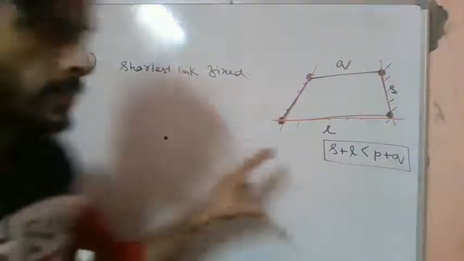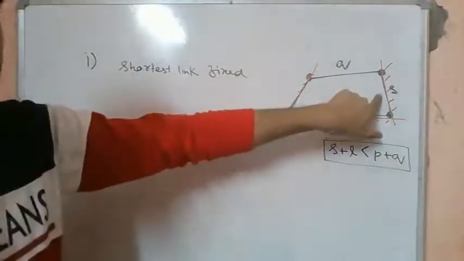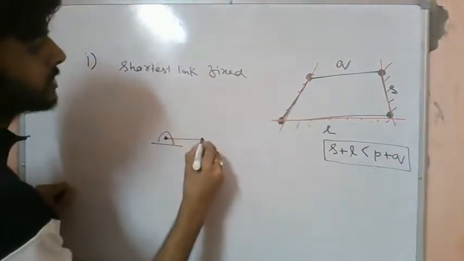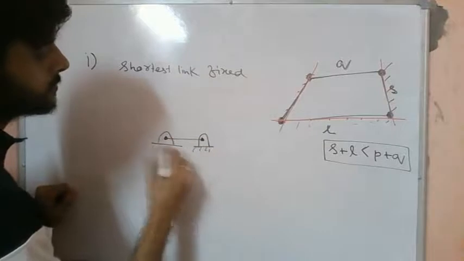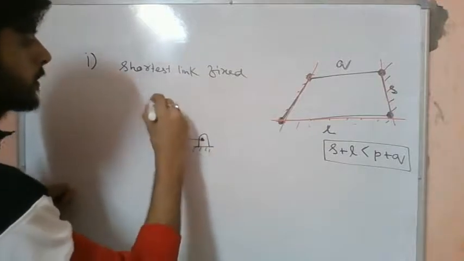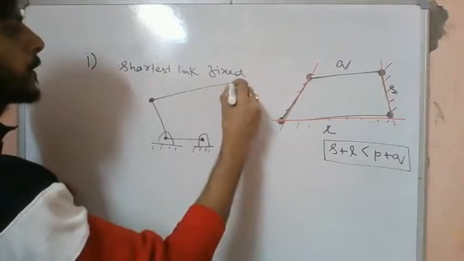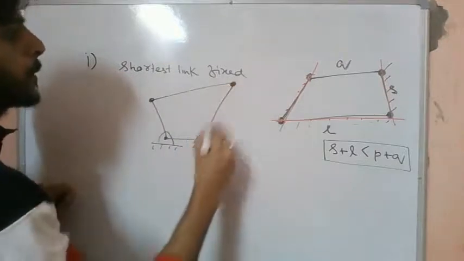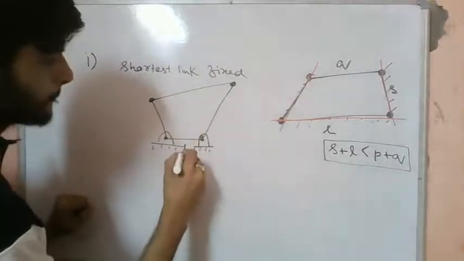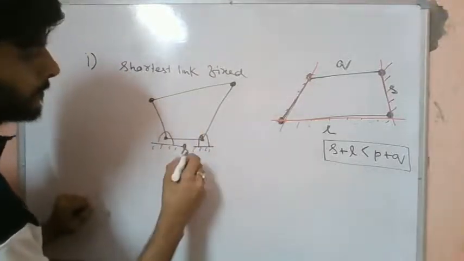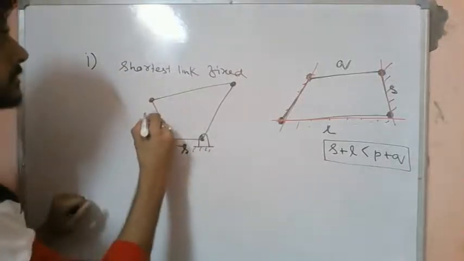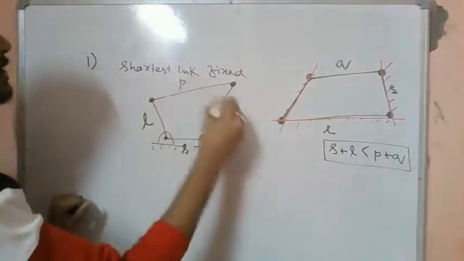So if there is a Grashof chain and we have fixed the shortest link, this is S, the shortest link fixed. The longest link is adjacent, and P and Q are anything.